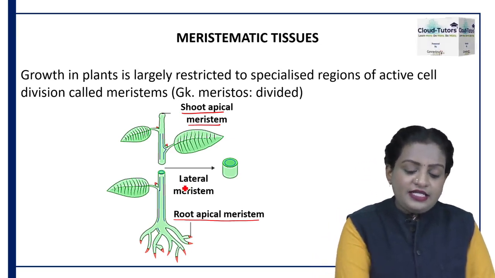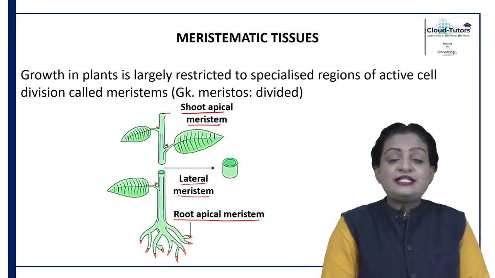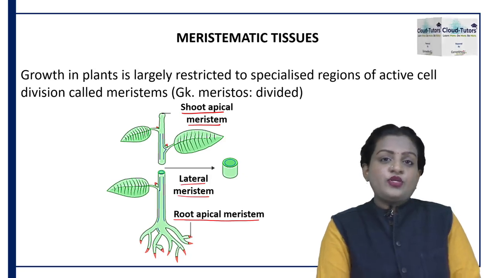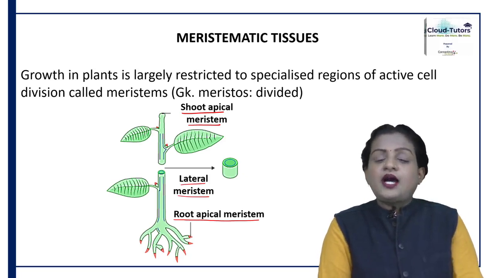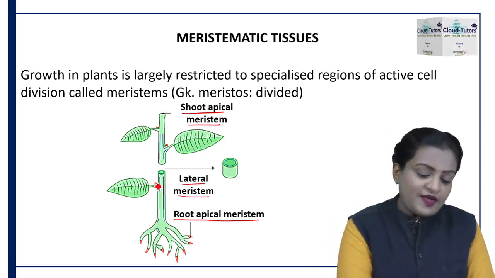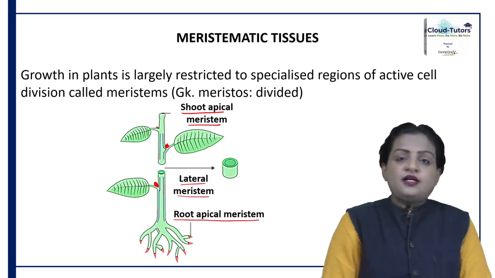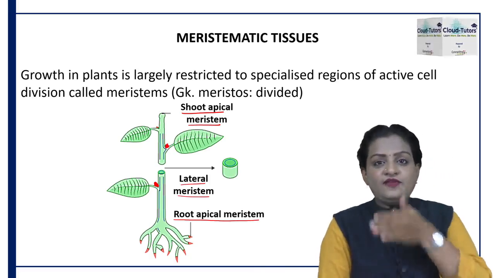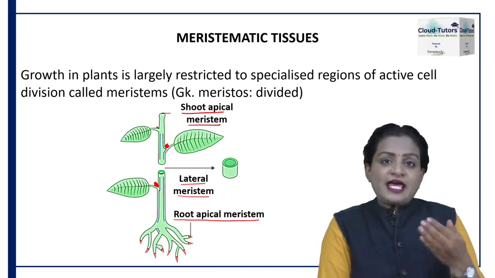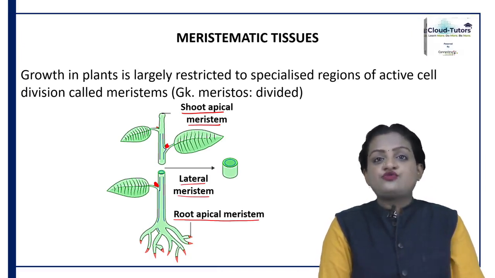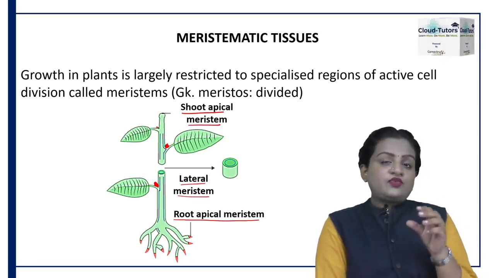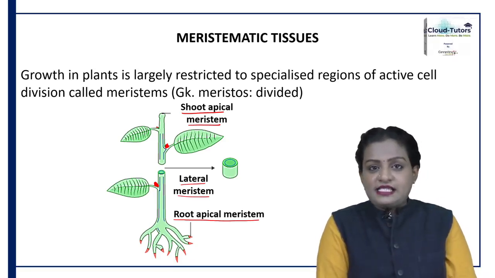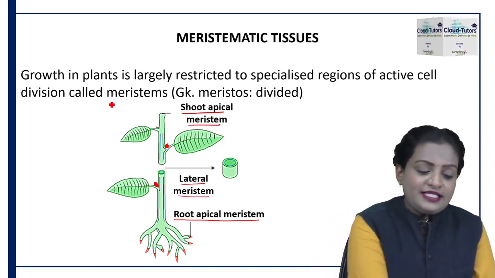Then in the middle of the stem we can find the lateral meristem, which helps in increasing the width or girth of the stem. Apart from this, you can also find axillary buds like this one, which are between our main axis and the leaflet. This axillary bud can give rise to branches.